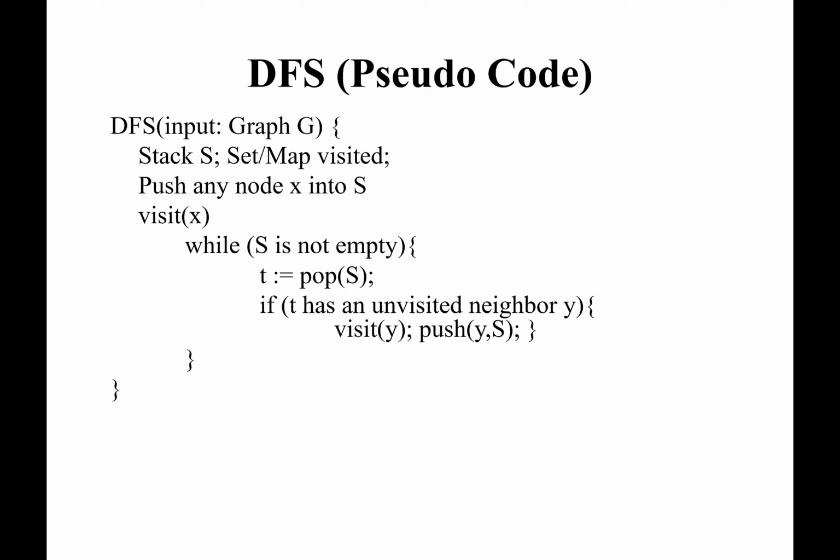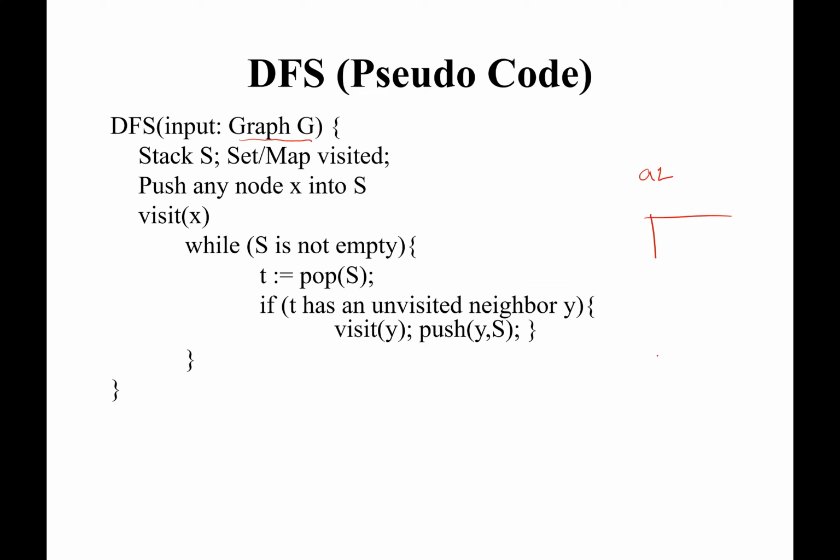Okay, so let's try to find out the time and space complexity of the DFS algorithm. So this is a pseudocode for DFS. We are given an input graph, and the input graph can be in the adjacency list format.